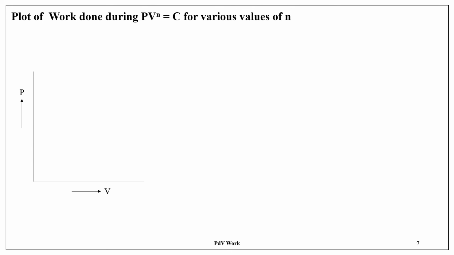Now, we are going to plot work done during a general process PV^n equal to constant for various values of n and study how work done changes when the value of n changes.